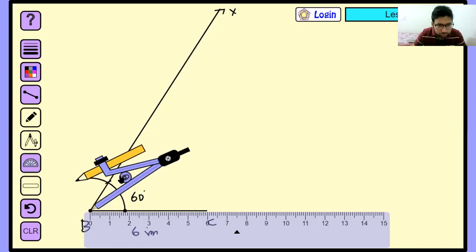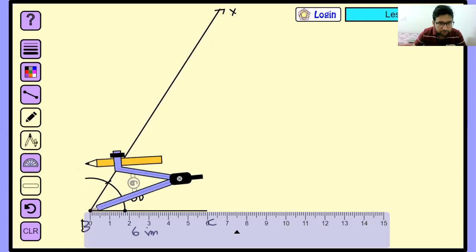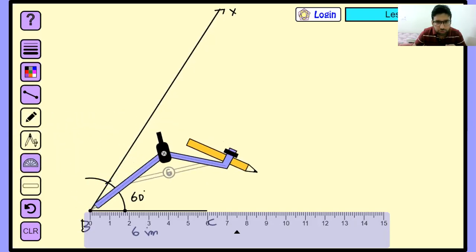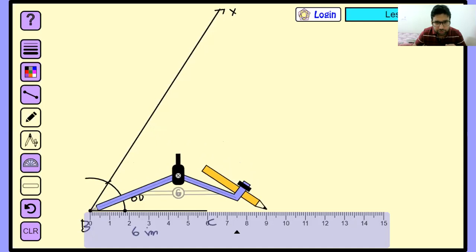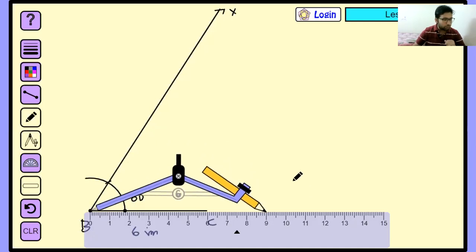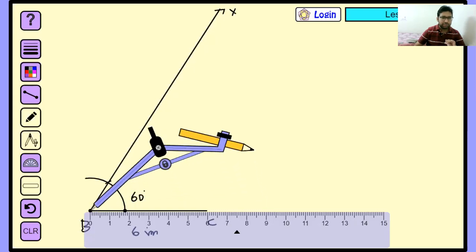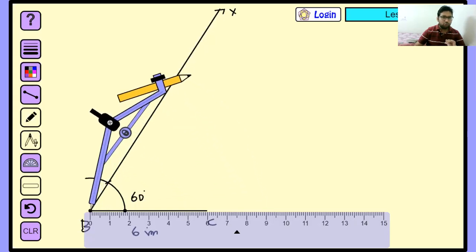From this point to 9, this much. Is it okay, class? So you will open your compass till 9 and lock it, and take an arc on this sum of two sides. This will give you the sum of two sides.